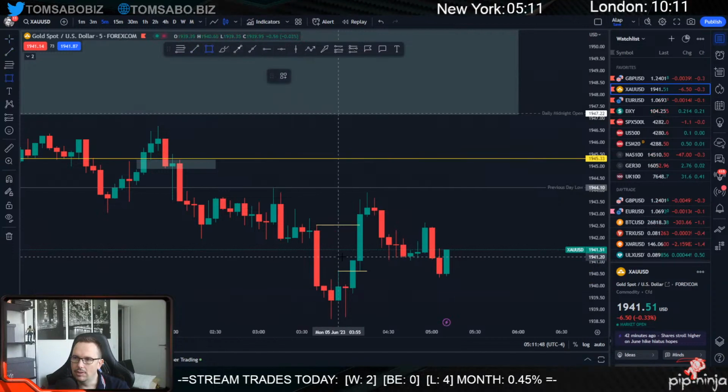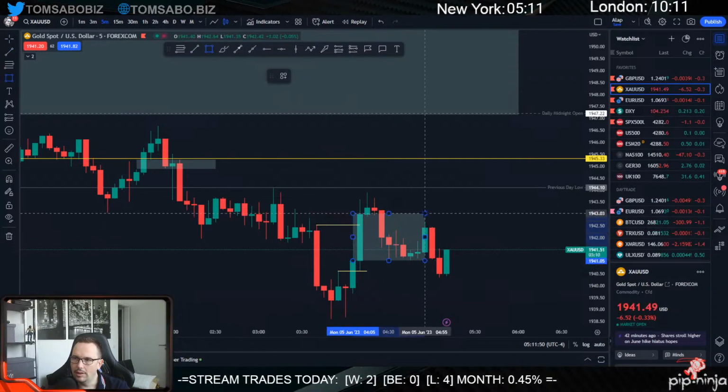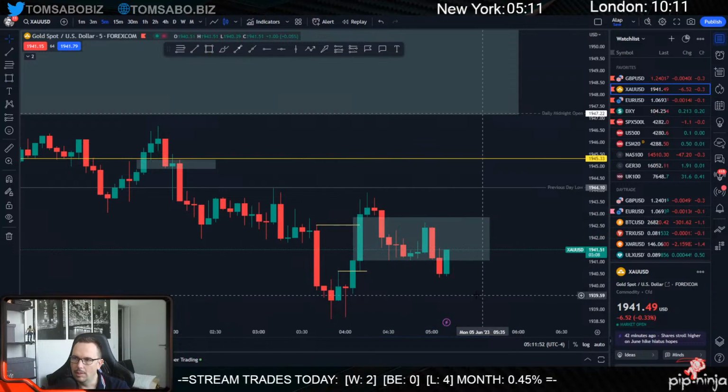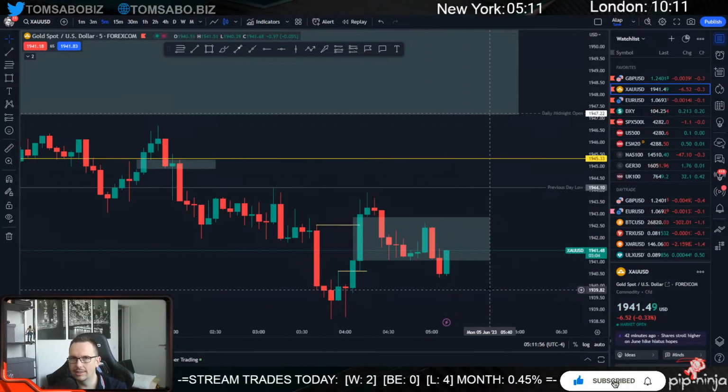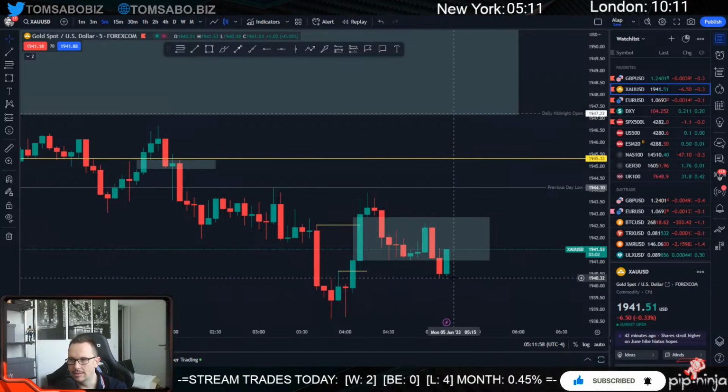We had a fair value gap here. My problem is that on the 5-minute we closed below the fair value gap, so it's now acting as resistance. That's what ICT says, right?